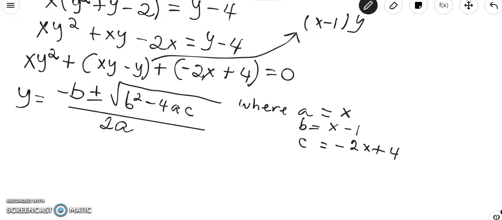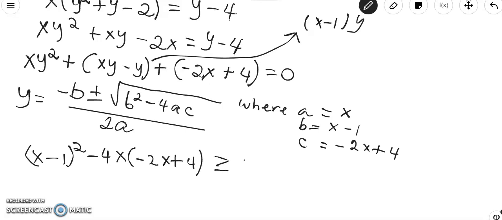So, ang dapat, ang b square minus 4ac, which is equal to x minus 1 square minus 4x times negative 2x plus 4, ay greater than or equal to 0.